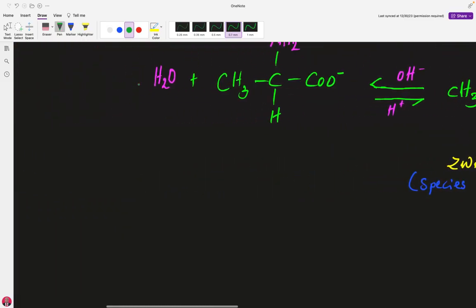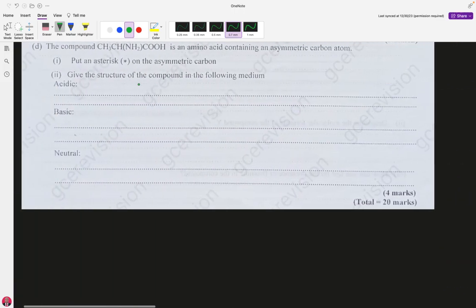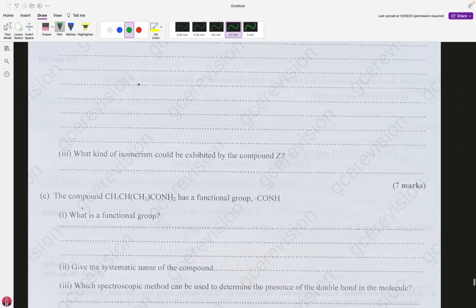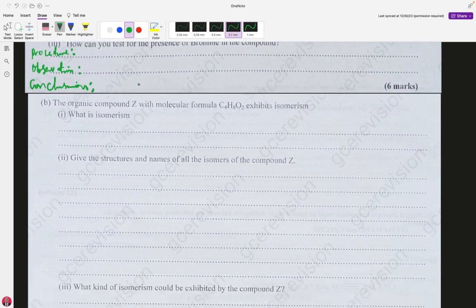Okay, let's move on. For the purpose of revision, when you have such a compound with any halogen involved, you should remember your test for halides.